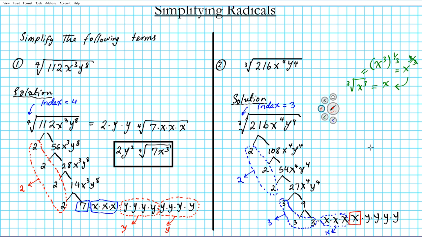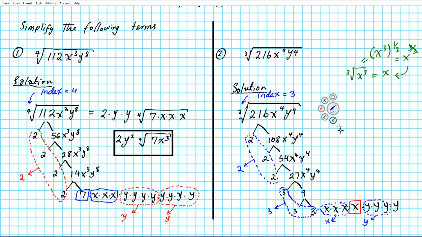If you look at the y situation, the first 3, 1, 2, 3, these 3 can break out as a y. All right, so what is our final answer going to be? Let's put it together. The simplified form is going to be 2 broke out, another 3 broke out times 3, an x broke out, and a y broke out.